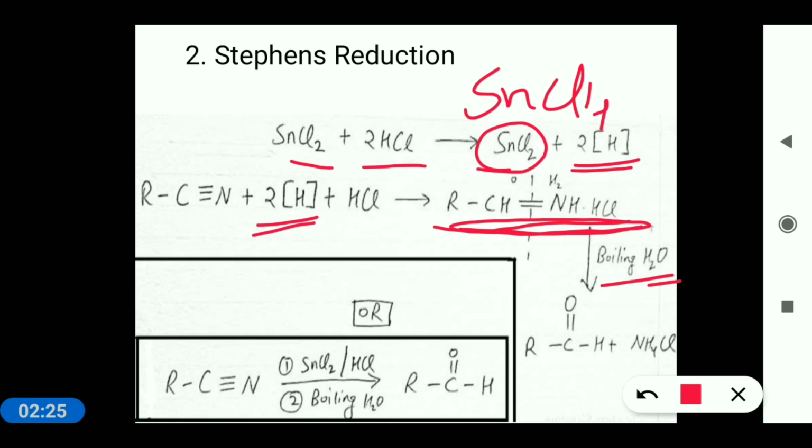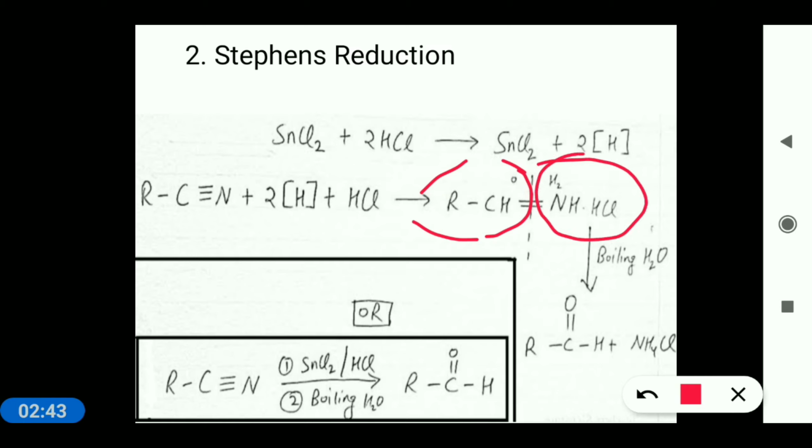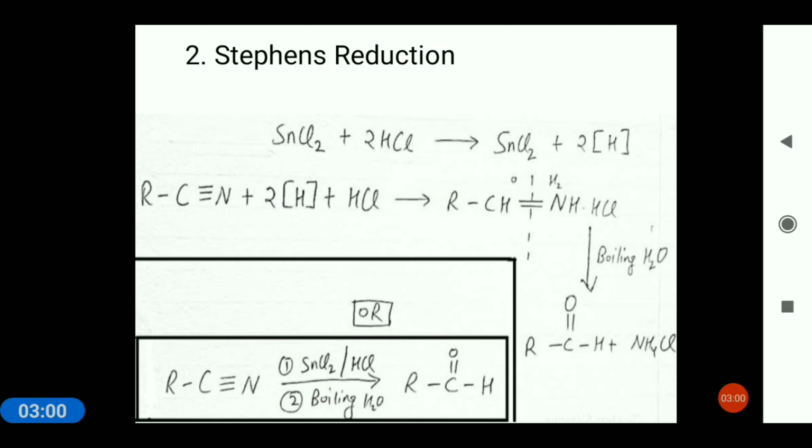If you add the water, there is formation of RCHO with the liberation of NH4Cl. You can directly write the reaction: RCN, in the first step SnCl2 with HCl, in the second step boiling water, and directly you can write the formation of aldehyde. This is known as Stephen's reduction.